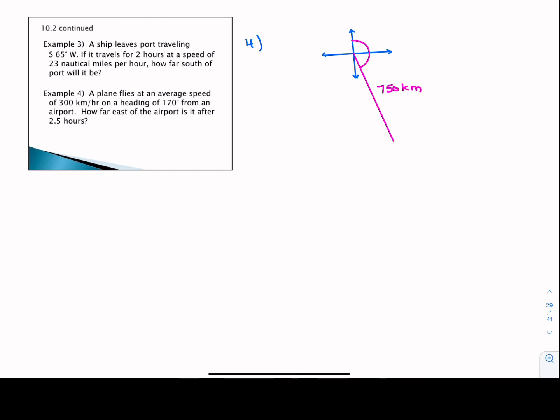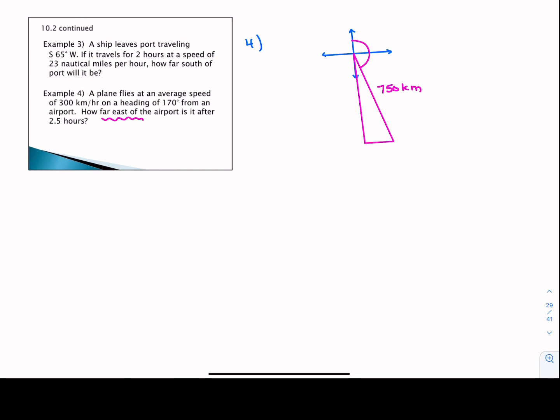What we're asking for is how far east of the airport is this plane after that 2.5 hour mark. So once again, we can extend our triangle leg from the point of origin, or from the airport, until we get aligned with the end of our leg of the journey for the plane.